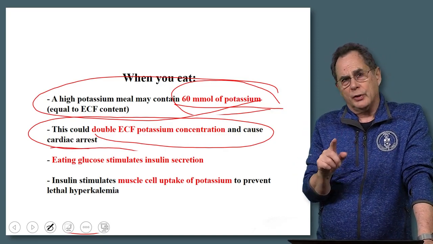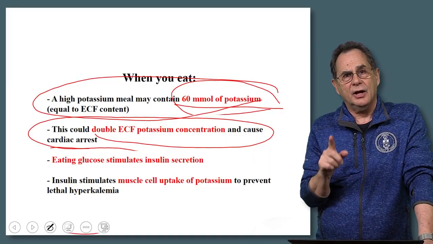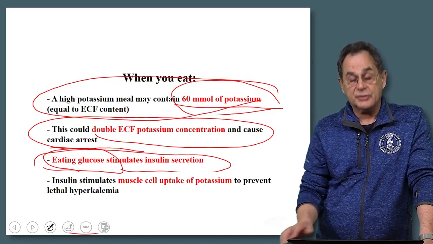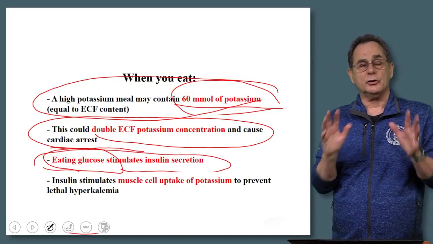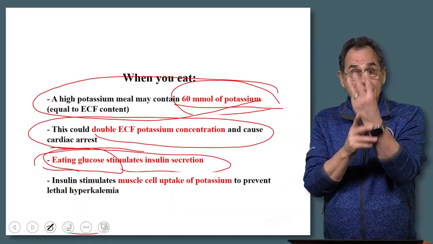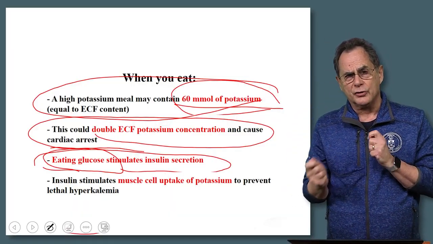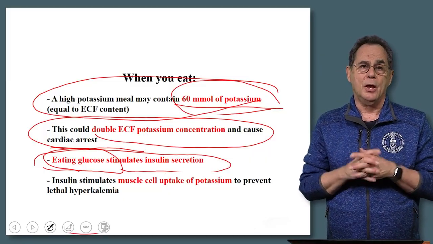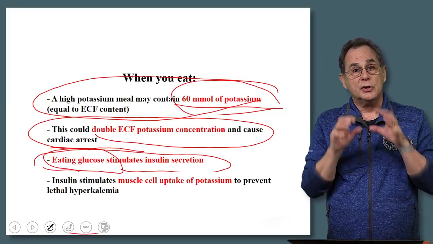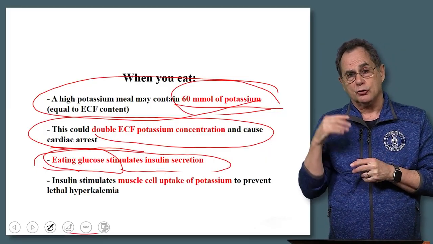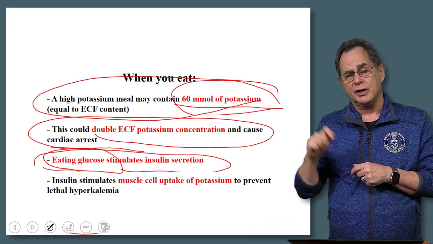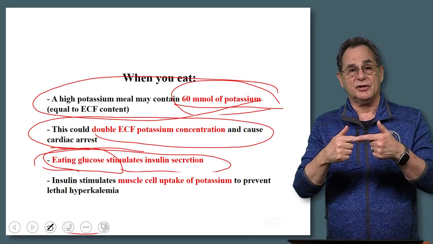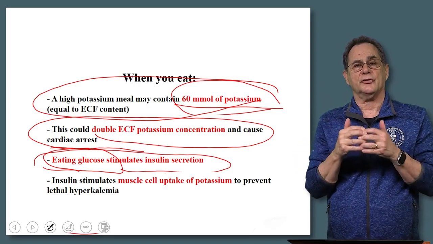Well, you don't die when you eat a high potassium meal because that comes in fruit and vegetables that contain glucose, and that leads to insulin secretion. What does insulin do? Well, remember, it's one of those 3 factors that plays a key role in the distribution of potassium from the inside to the outside of the cell. Insulin engages its receptor, drives the activity of protein kinase C, phosphorylates sodium-potassium ATPase, increases its activity, and potassium is moved into the cells.